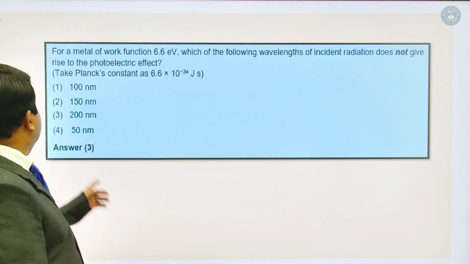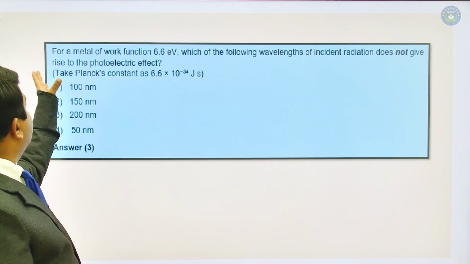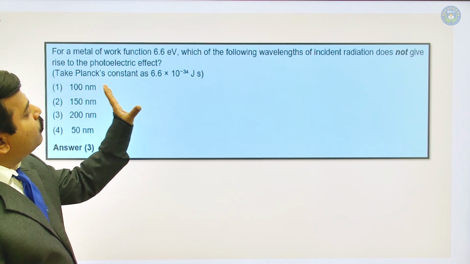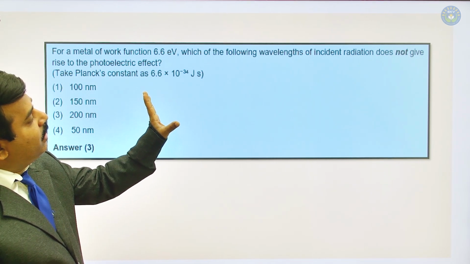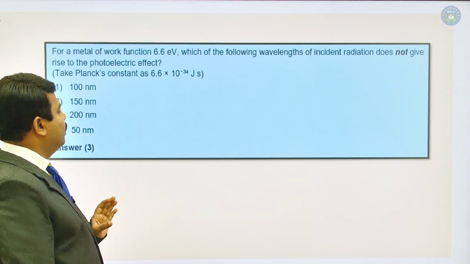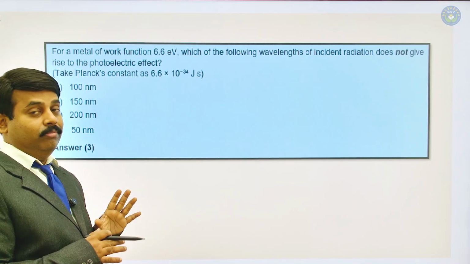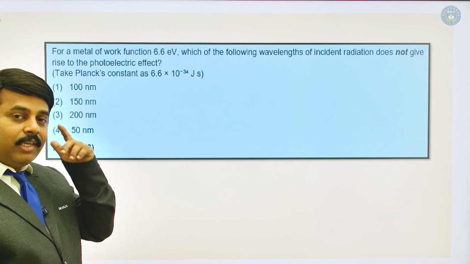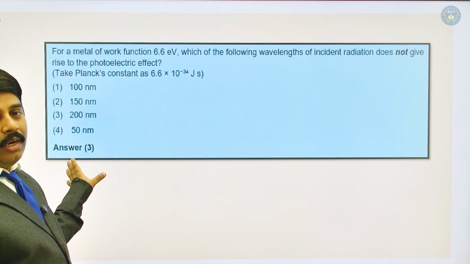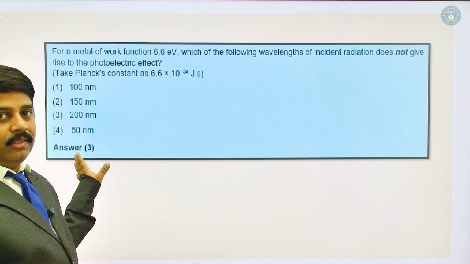All right. Next, question number 42. For a metal of work function 6.6 electron volt, which of the following wavelengths of incident radiation does not give rise to the photoelectric effect? This actually need not be calculated. It's a logical understanding, you know. It's an objective type question; out of those, only one answer is correct.